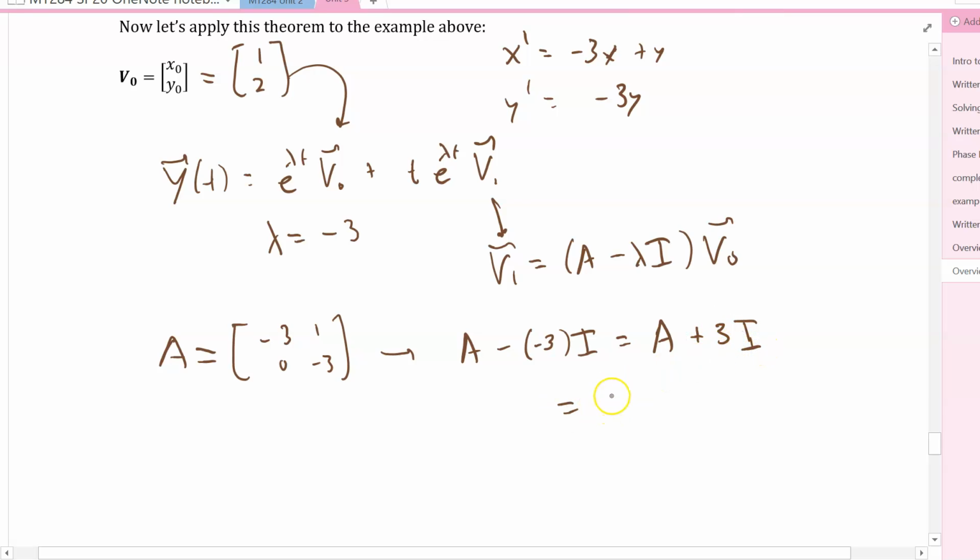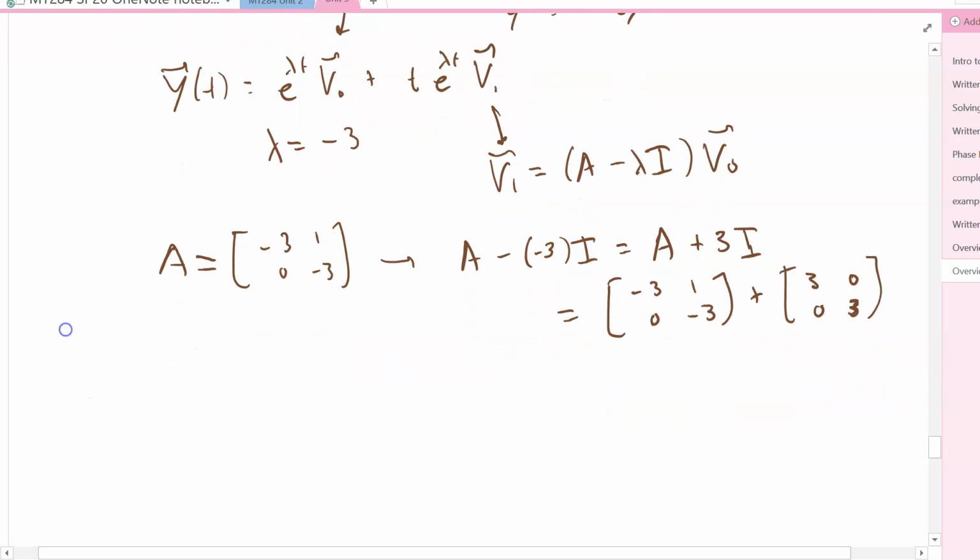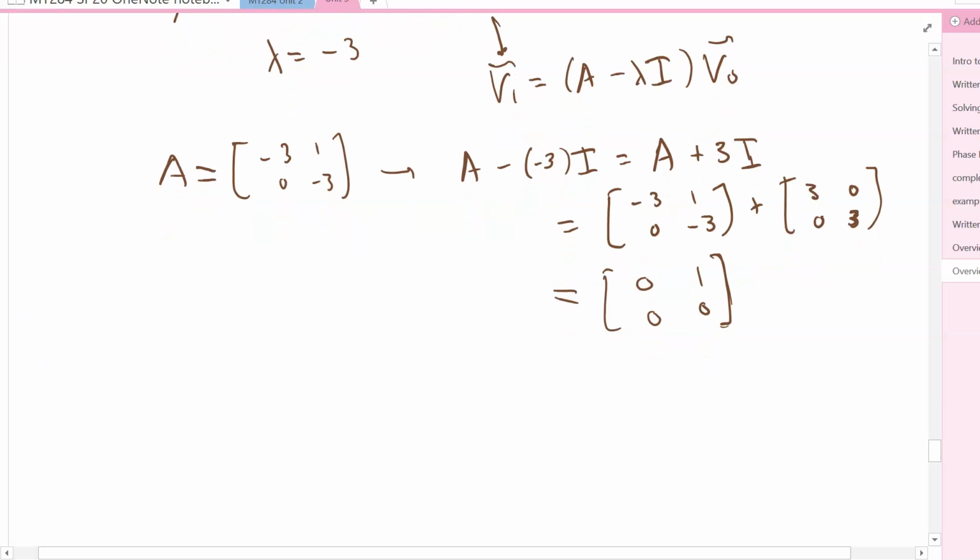All right, so now we're going to take our matrix A. We're going to add on 3 times the identity, which gives us the matrix with 3's down the main diagonal and 0's in the off diagonal. And when we add those together, notice what happens. The diagonal terms add up to 0, because we get negative 3 plus 3 in both cases. 1 plus 0 is going to give us a 1 here, and we get 0 plus 0 down below there. All right, so we have figured out what that matrix is. And now we're in position to go through and find V1.